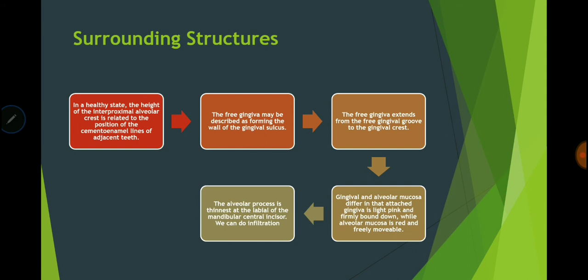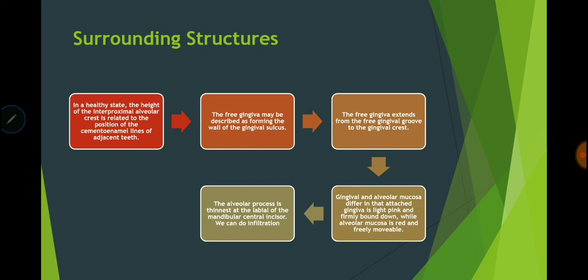More clinical considerations of the surrounding structures of the tooth. So in a healthy state, the height of the interproximal alveolar crest is related to the position of the cemento-enamel junctions of adjacent teeth. Okay, so the CEJ, that's why usually the crest of the alveolar bone is there in a healthy individual.